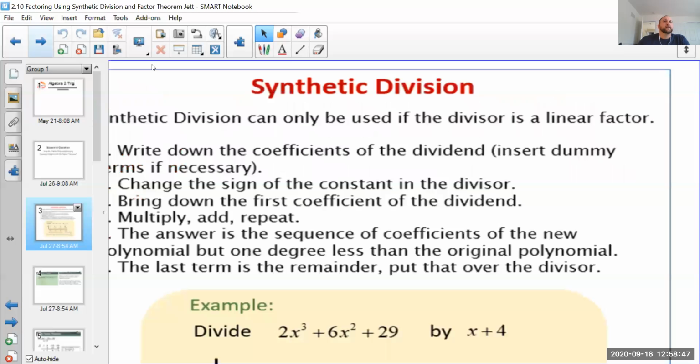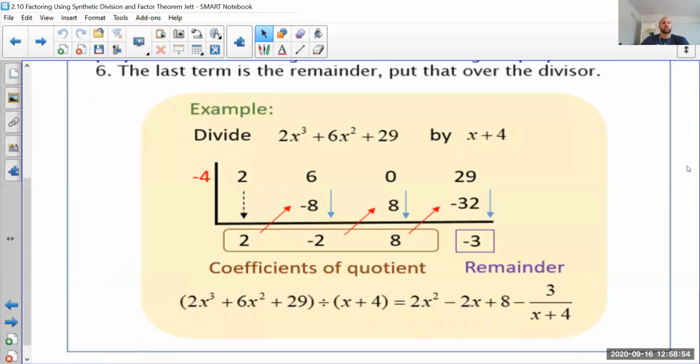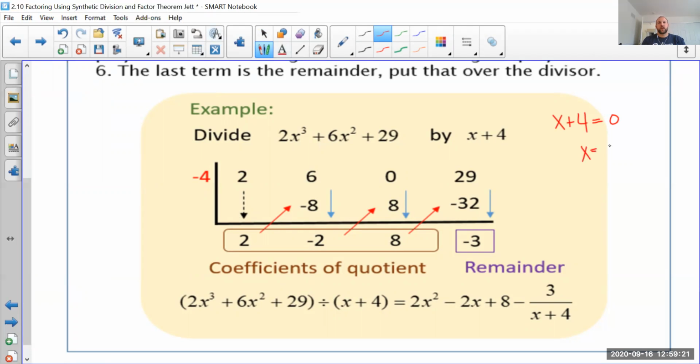So real quick, first thing I want to do is just review synthetic division. Remember, synthetic division is just kind of a shortcut for dividing. So if I want to divide a polynomial by another polynomial, or more specifically a binomial, say 2x cubed plus 6x squared plus 29 divided by x plus 4, remember, the way that we figure out what we use is we set this equal to 0, which is always going to change the sign.